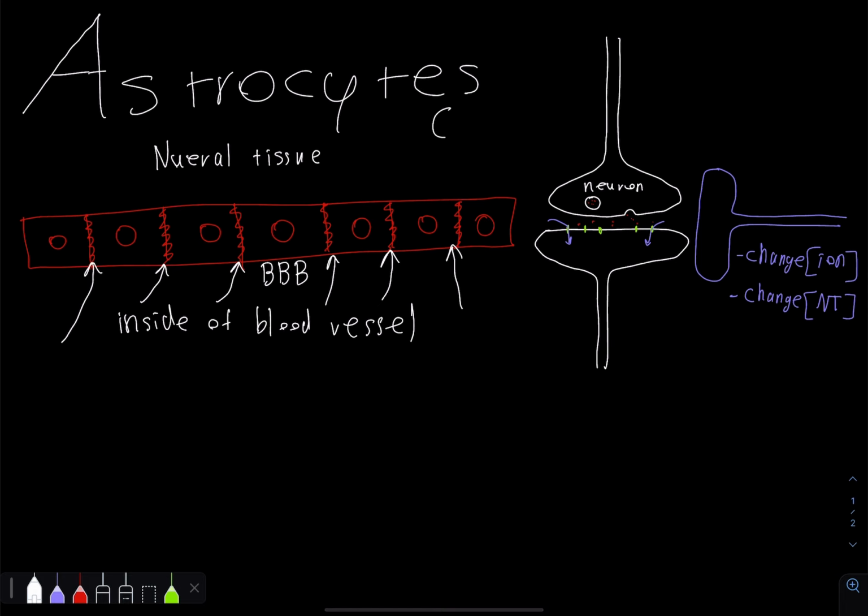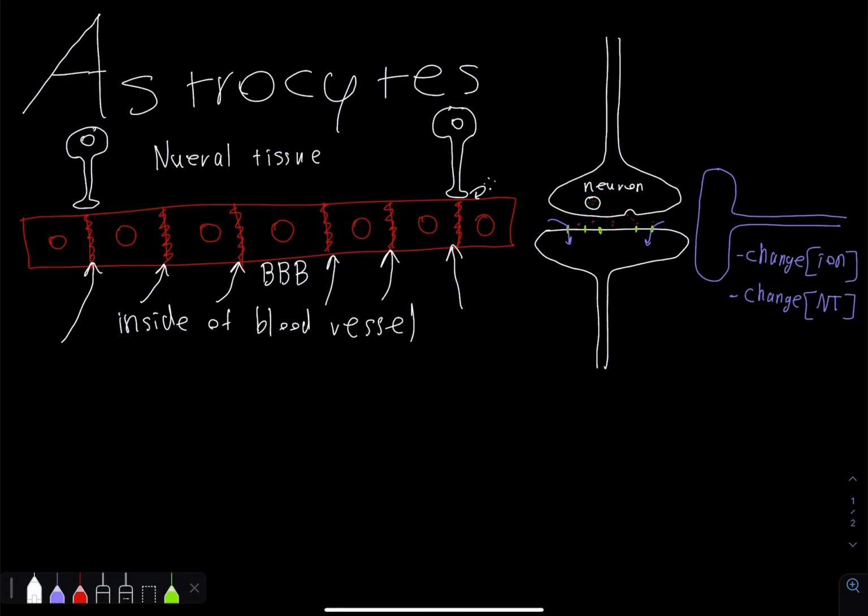Astrocytes can come in, and let's say this is an astrocyte cell body, and it can actually send little projections onto these endothelial cell tight junctions and can release certain chemicals. So it can release chemicals on there that either make the tight junctions more permeable or less permeable. So what these astrocytes can do is change the permeability of the blood-brain barrier. They can either allow more substances in, which makes it more permeable, or allow less substances in, which makes it less permeable.